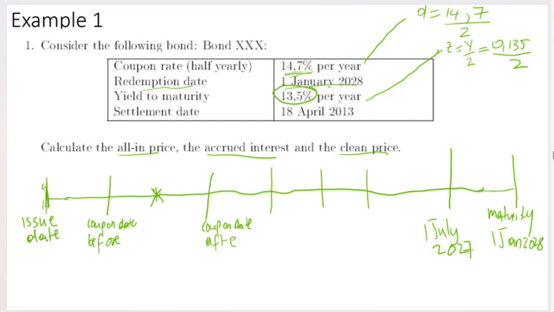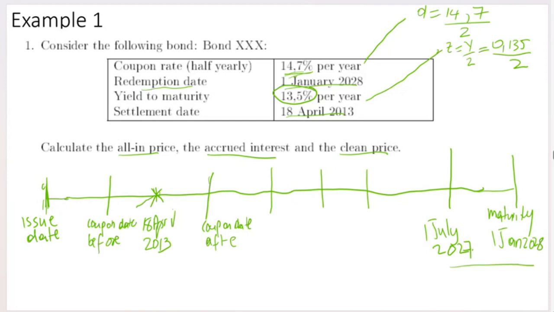And then, even after this one, the settlement date here is 18th of April. You are told the settlement date is 18th of April. And then let's look at the year. The year is 2013.